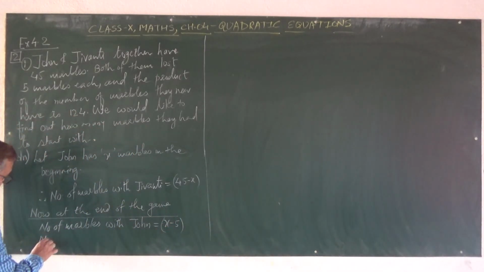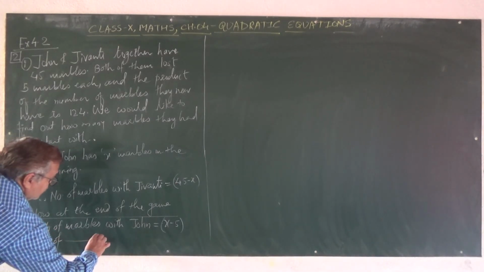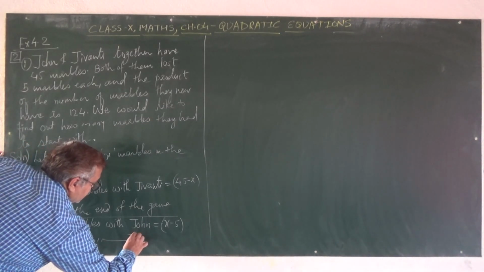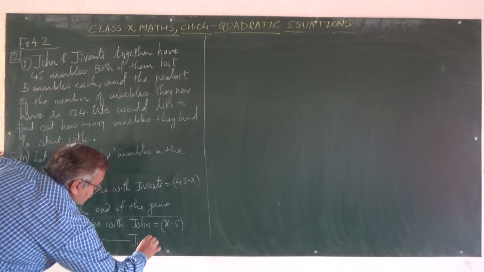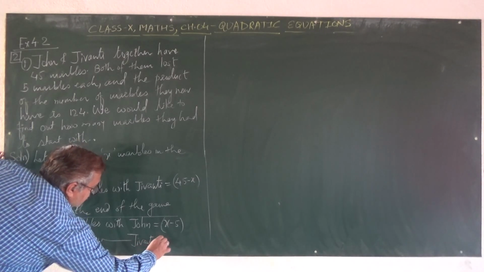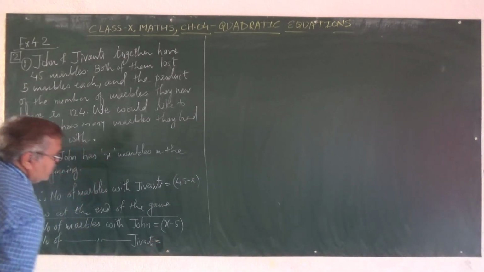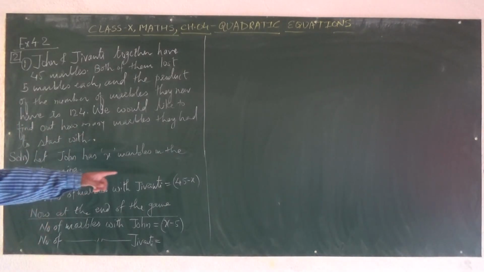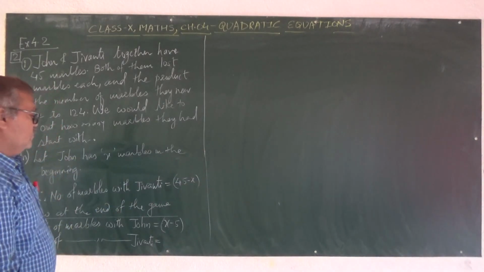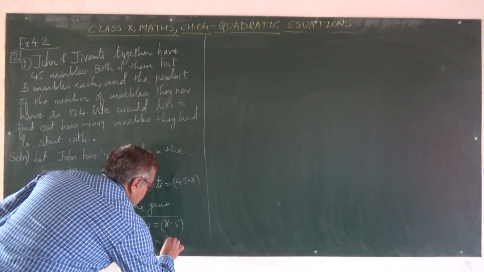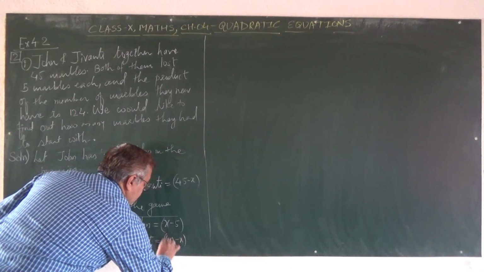And number of marbles with Jivanti. So she started with 45 minus X. So 45 minus X minus 5, she lost 5, so 40 minus X. So she is left with 40 minus X.